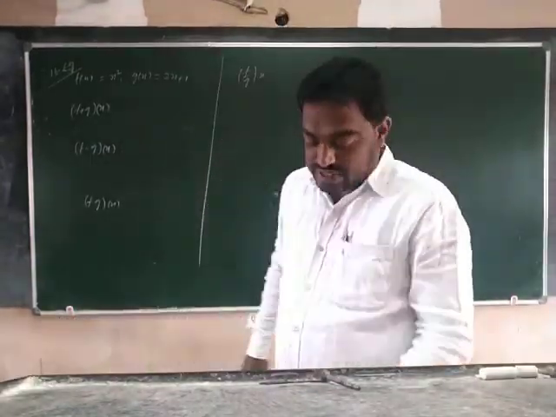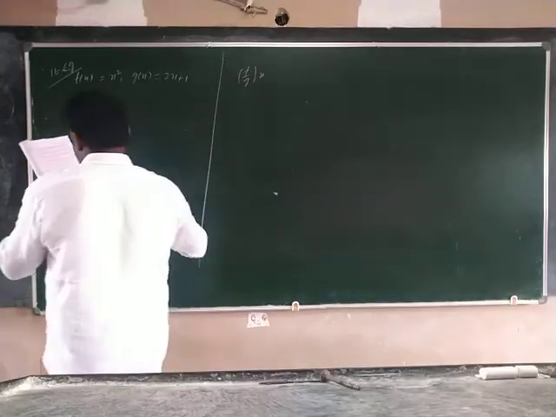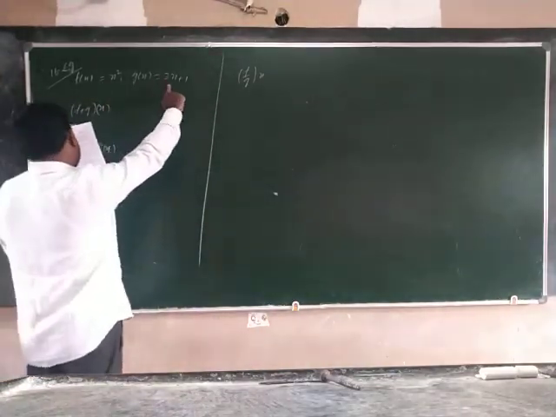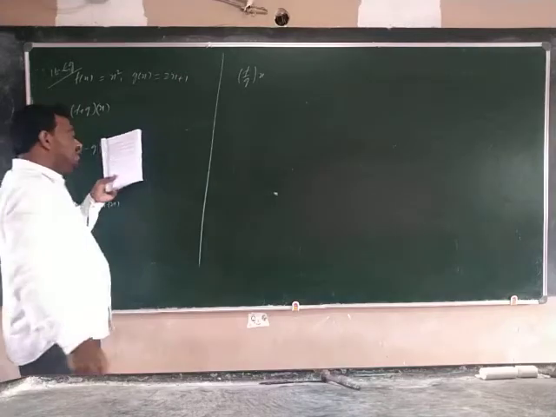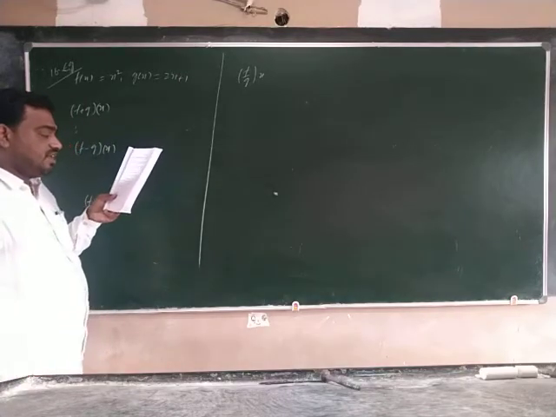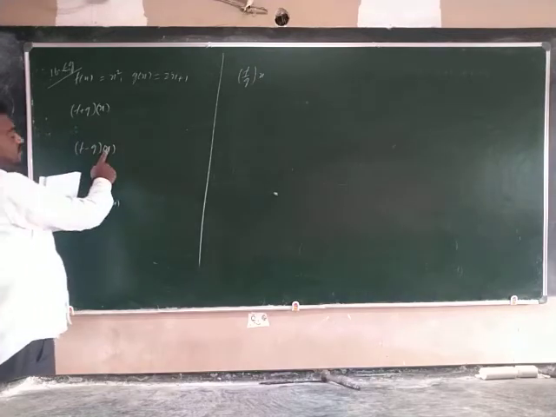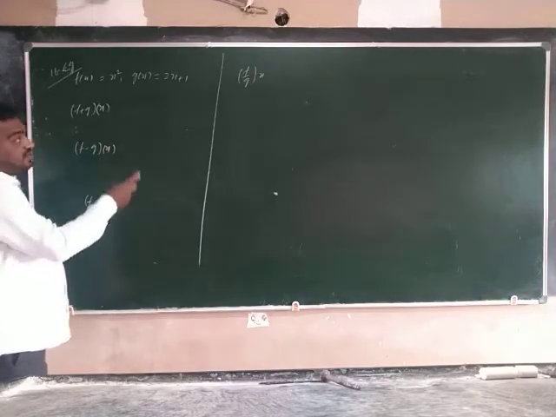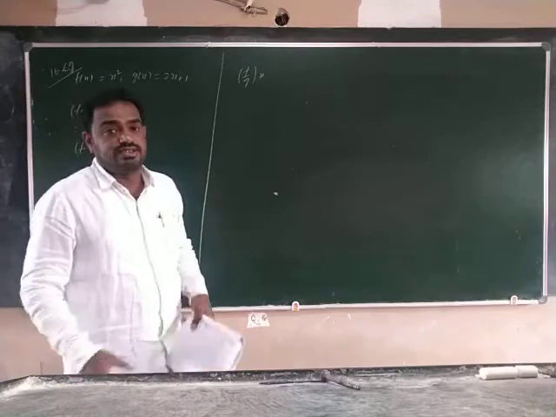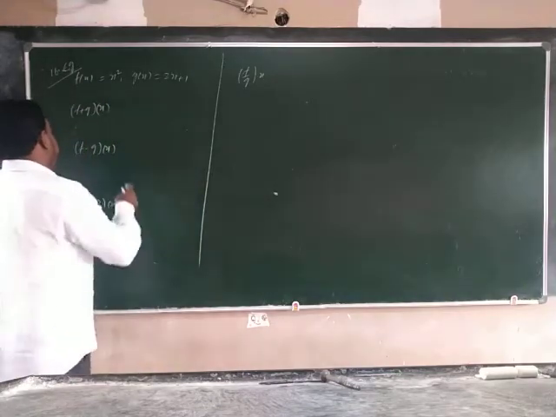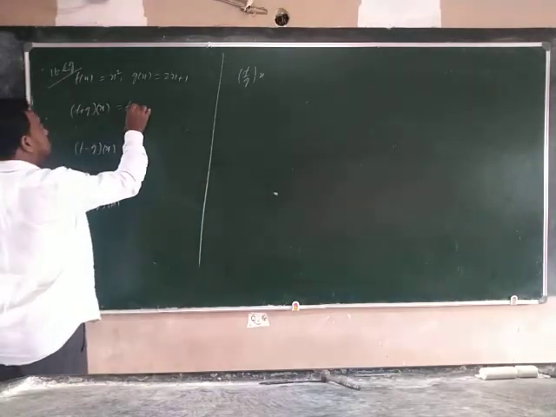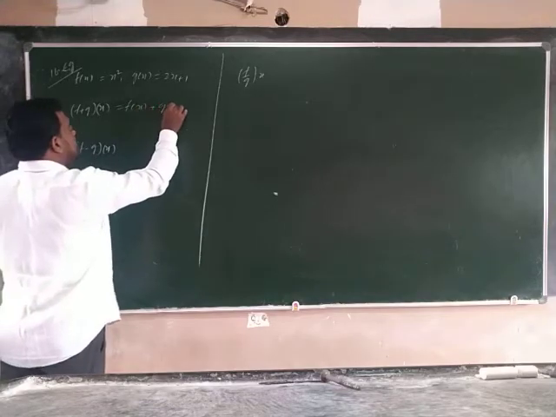Next, the 16th example. Let f of x is equal to x square and g of x is equal to 2x plus 1 be two real functions. Find first f plus g of x, second f minus g of x, third f into g of x, fourth f by g of x. So how are we finding this? f plus g of x is equal to f of x plus g of x.